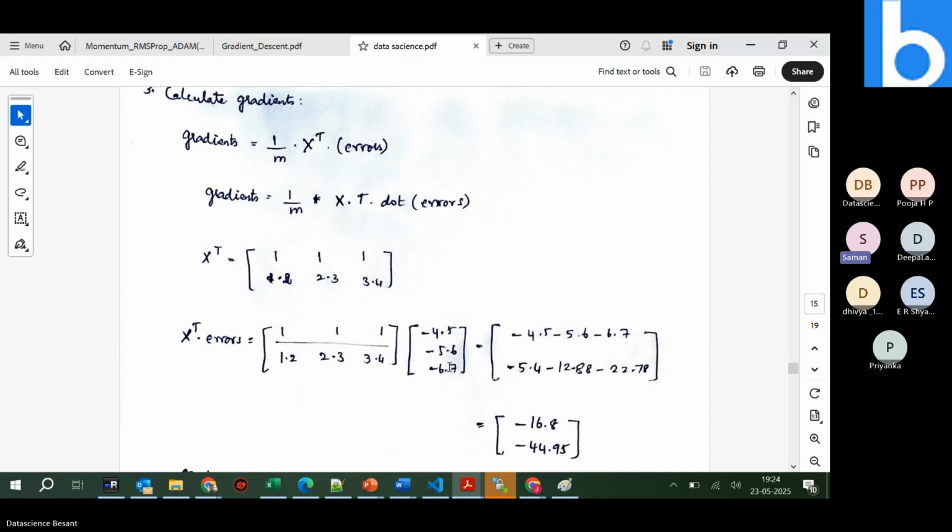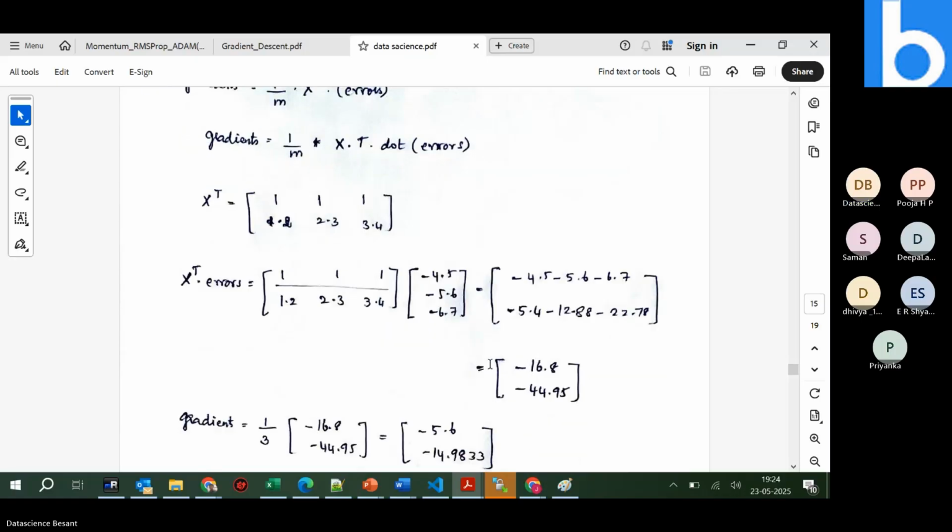Yes, sir. So now you check again the number of rows and columns, following the matrix multiplication rule. Then go for calculating the matrix and just do the matrix multiplication. And finally, you end up with this value, minus 16.8, minus 44.95.